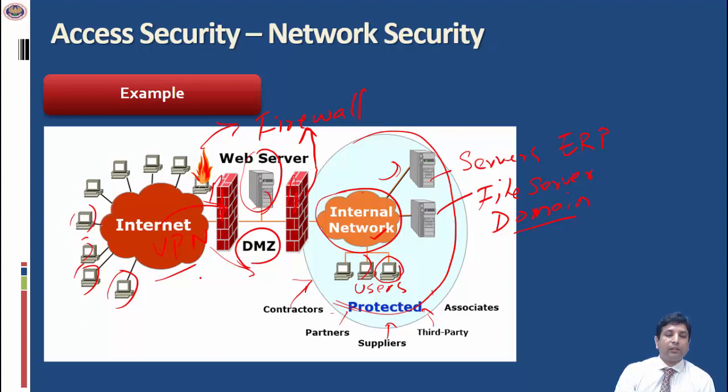Because in that case, it is possible that some of the business process and controls are built into the web server itself. The business rules and logic could also be hosted on the web server. And in that case, network security and all the configuration of firewall, VPN, DMZ, all those become relevant from an audit point of view.